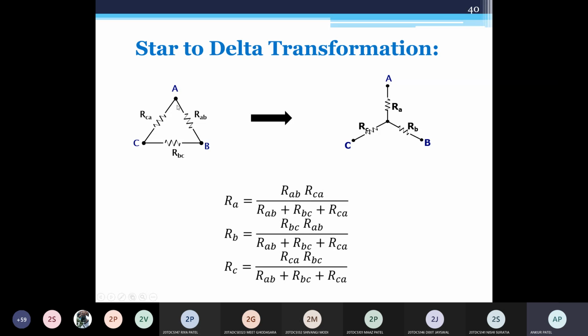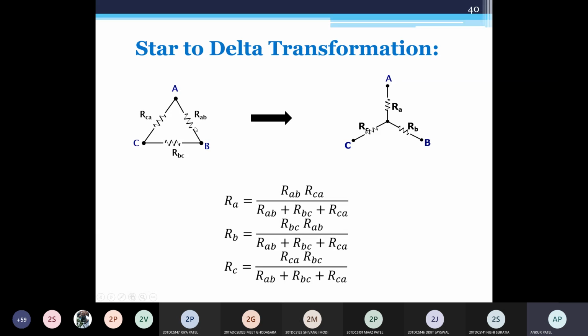So in delta to star, suppose I want to write the RA equation, then the resistors connected to A I need to multiply, and I divide by the sum of all three resistors. For RA, two resistors are connected, RAB and RCA: RAB into RCA divided by the summation of all three resistors.